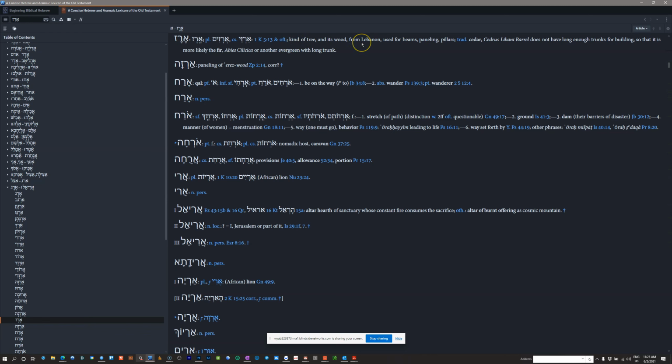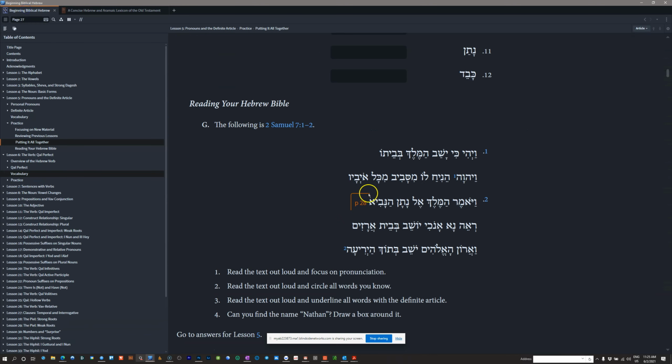So probably the way that most translations are going to translate this phrase is I am living in the house of cedar or in a house of cedar. A house built with cedars, actually, plural here. That's probably how that would be read, or translated rather into English.